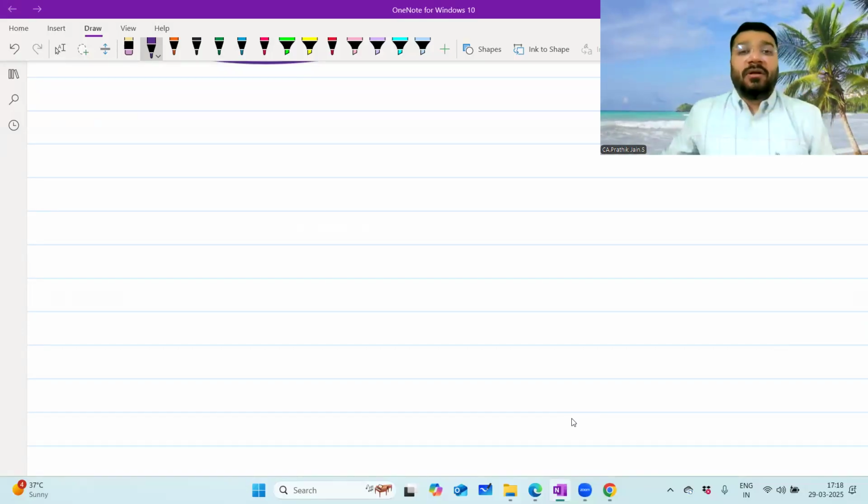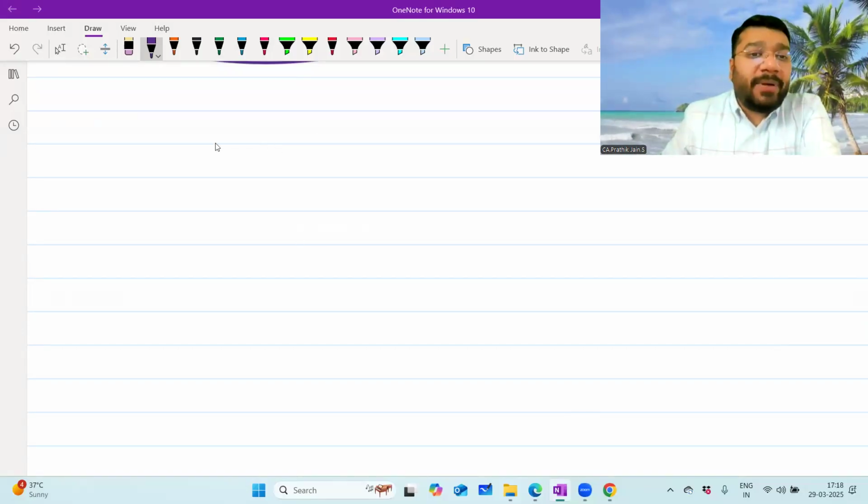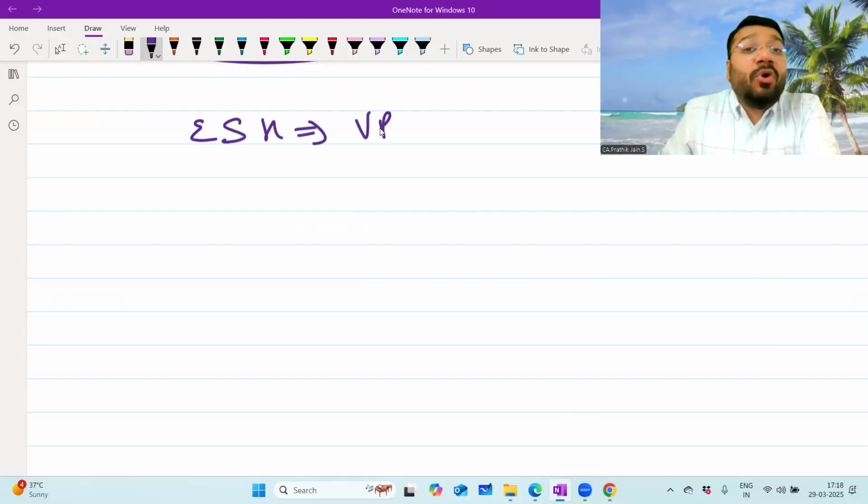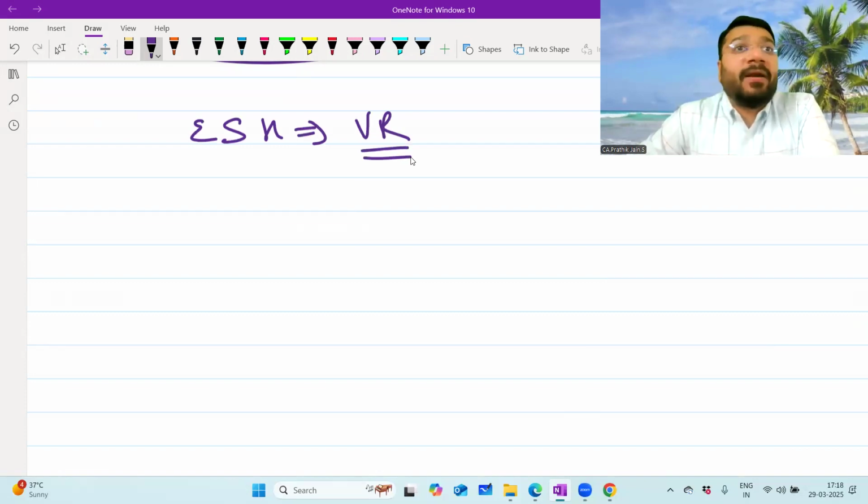Okay. Not exactly. So basically, all of you know that an equity shareholder has got one right. What is that right? Voting rights. Correct, no?